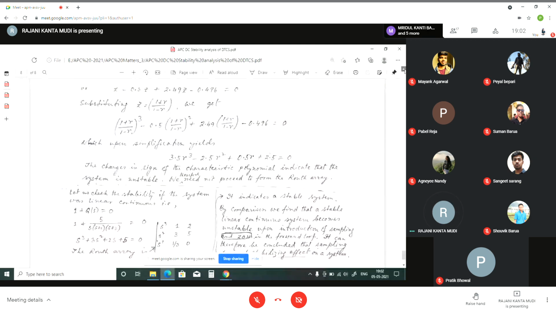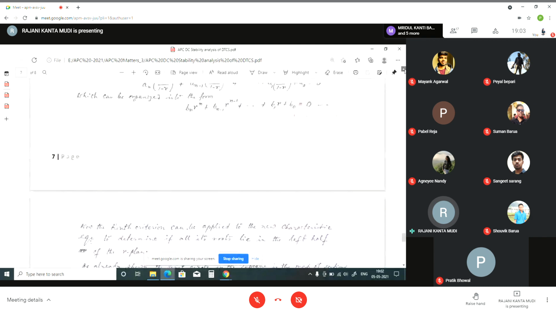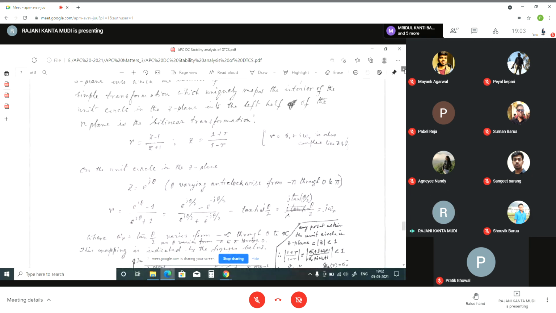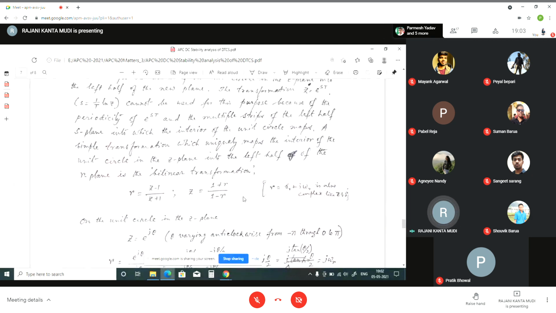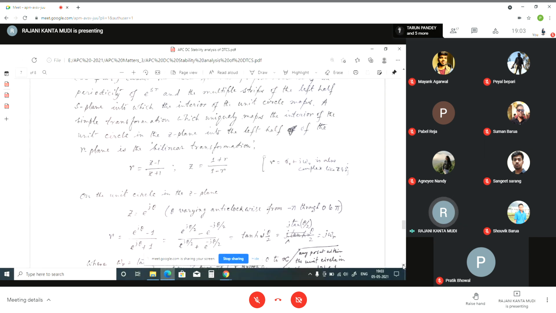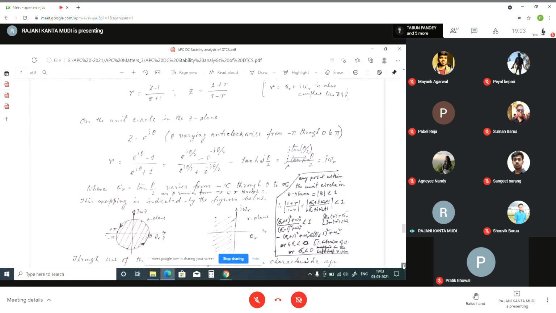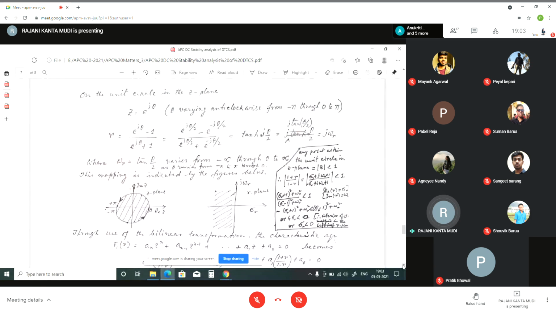So by using a bilinear transformation, maybe a different bilinear transformation, we can map the unit circle to the left half of the new plane.